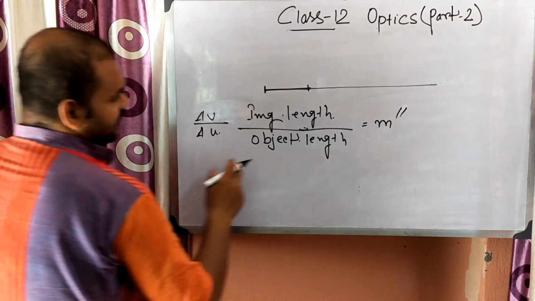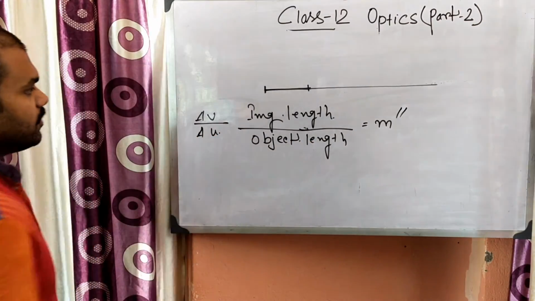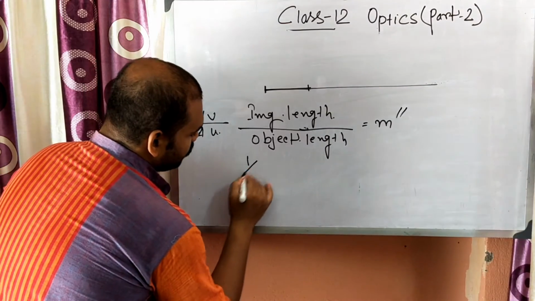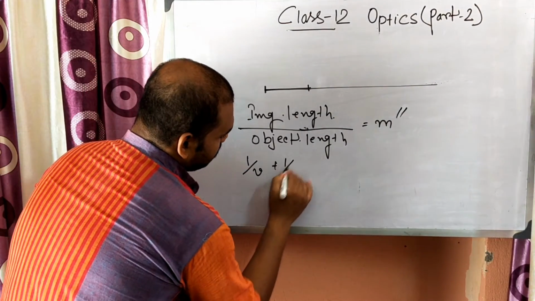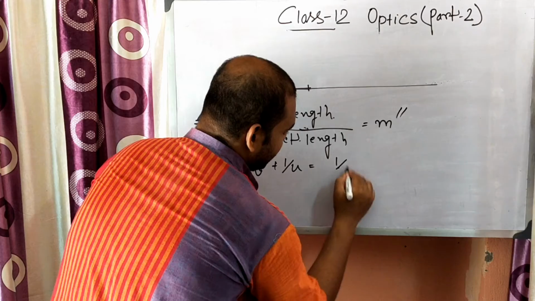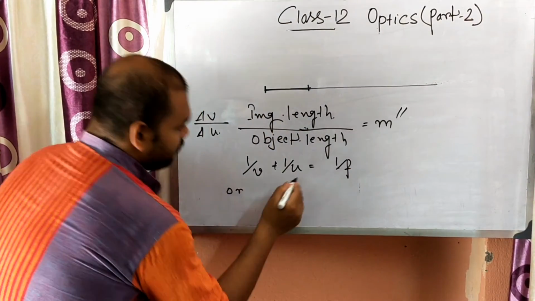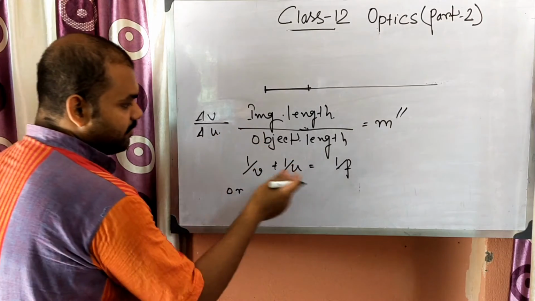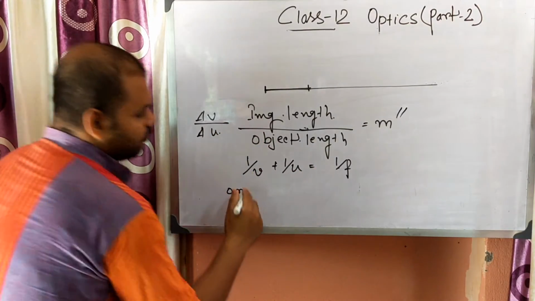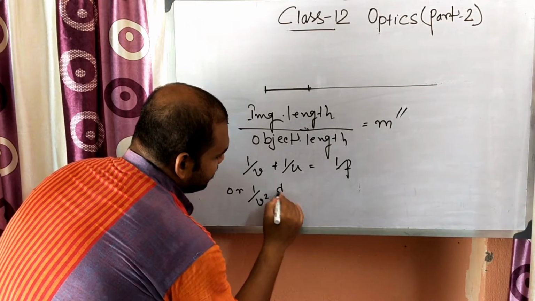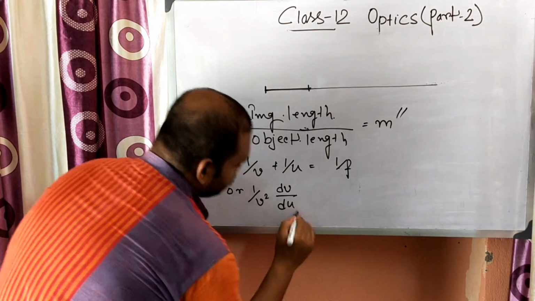In this case, we know the formula 1 by v plus 1 by u is equals to 1 by f. So if we do the derivative with respect to u, then what will you get?